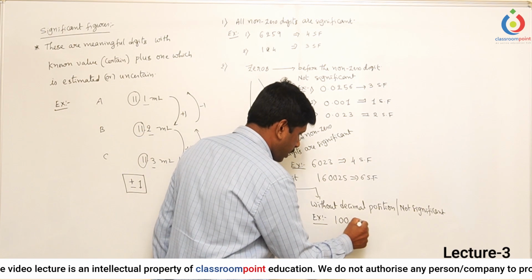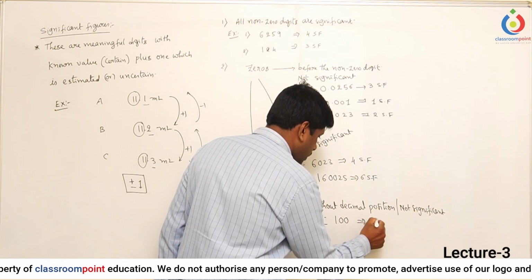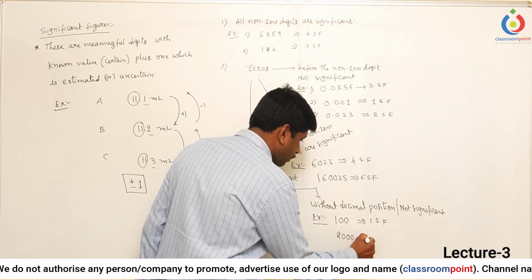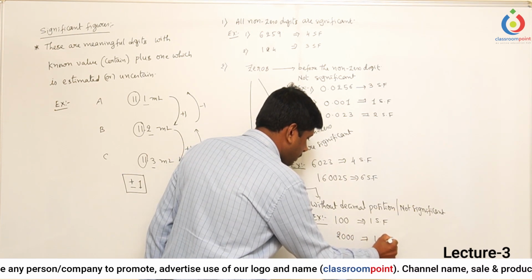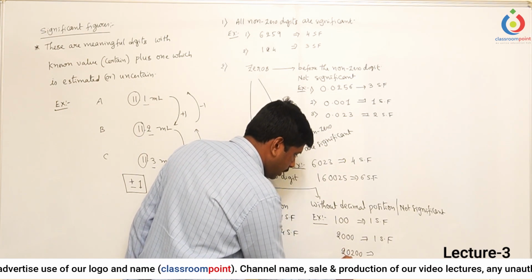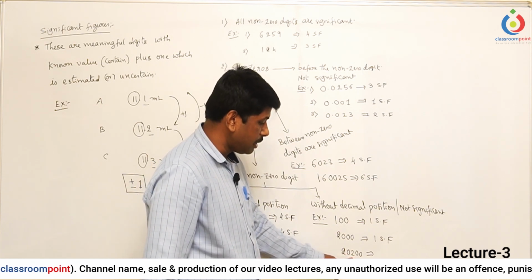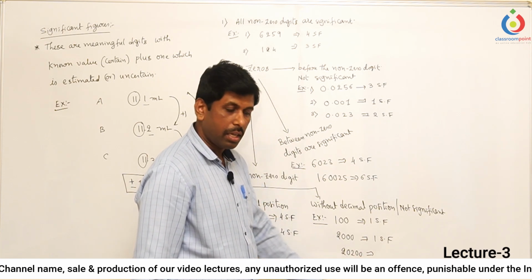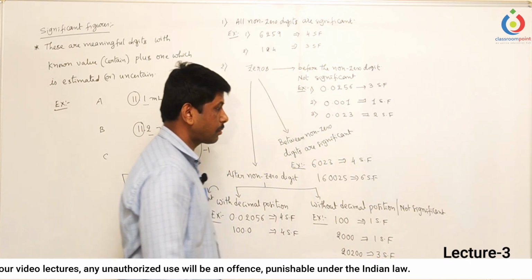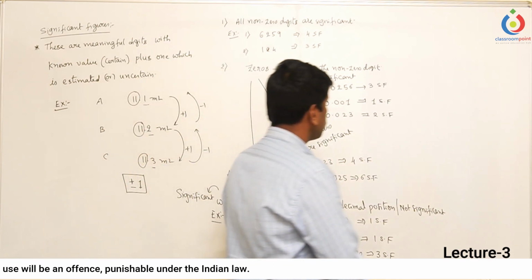So here we should not count the zeros. We have to count only the non-zero digits. So only one significant figure is present. Now take 2000. Only one significant figure is present. 200 is there, then 3 significant figures are there. Between the non-zero digits is considered, but after that, again not considered. So here 3 significant figures are present. This is about the position of the zeros.